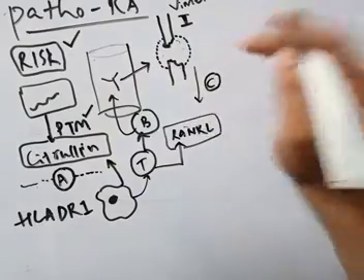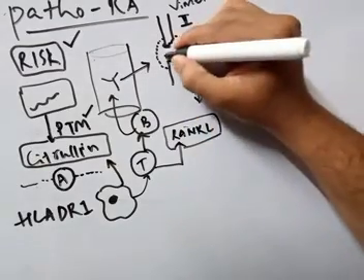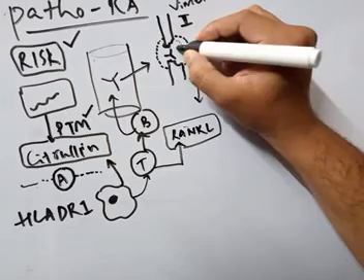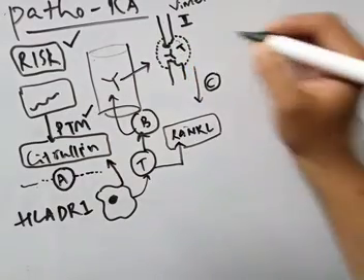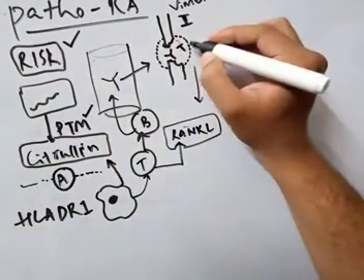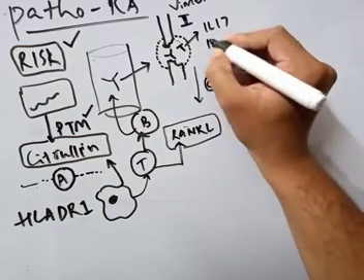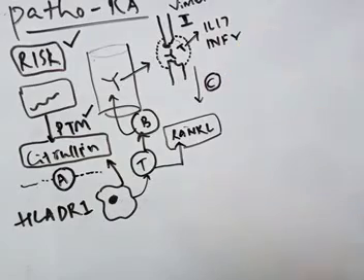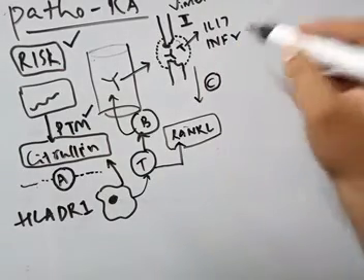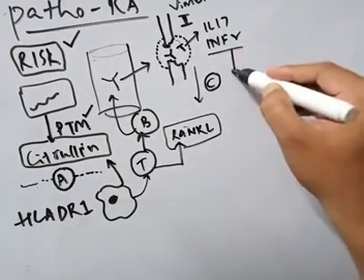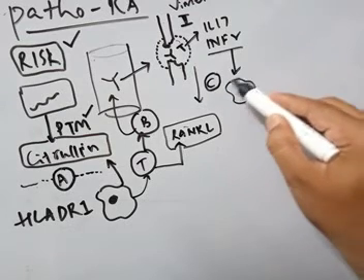So what happens inside the joint cavity now? There is presence of antigen-antibody and there is presence of T cells. These T cells inside the joint tissue secrete interleukin 17 and interferon gamma. This interferon gamma again recruits many macrophages.